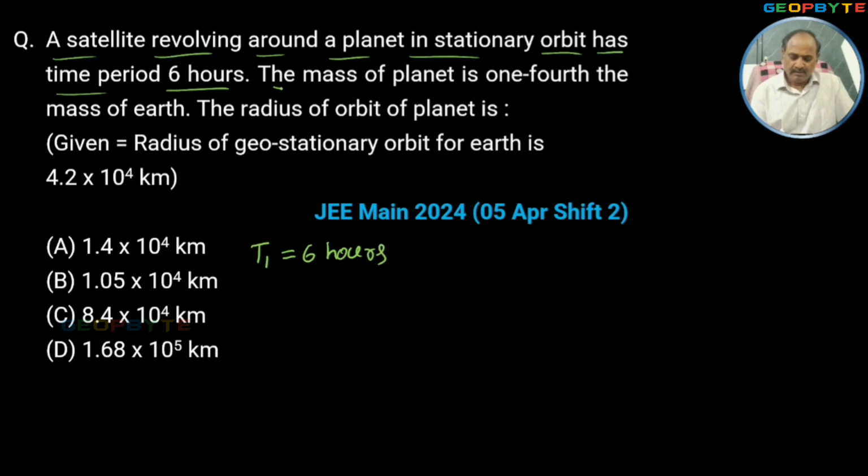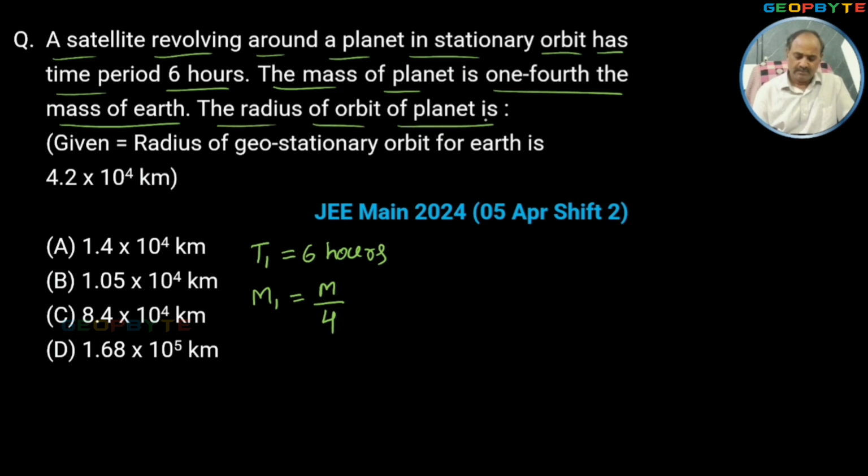The mass of the planet is one fourth of the mass of the earth. Mass of the planet M1 equals mass of the earth by 4. You're asked to decide the radius of the orbit of the planet.